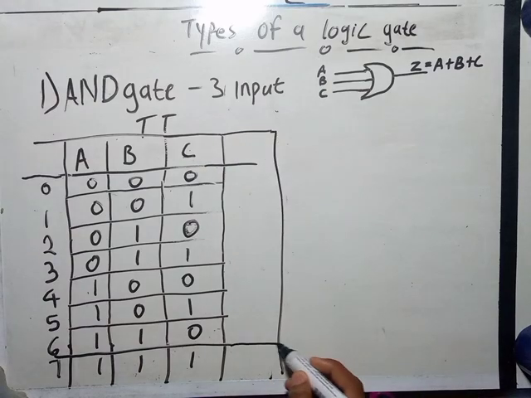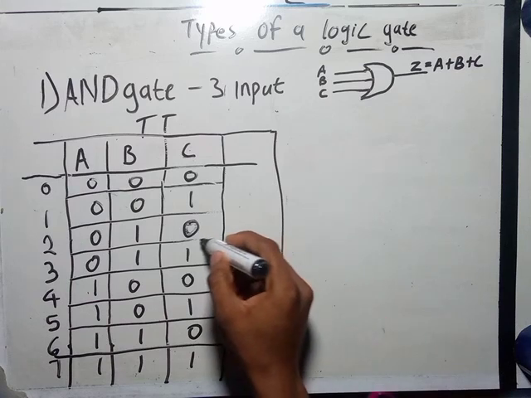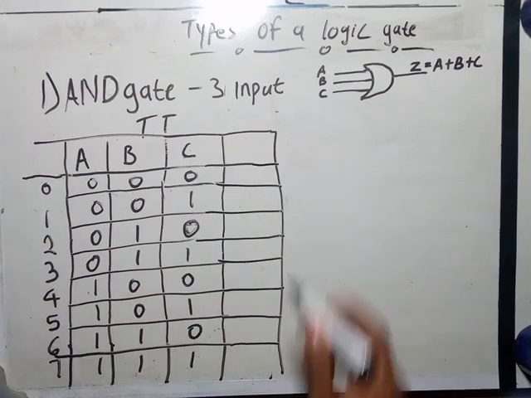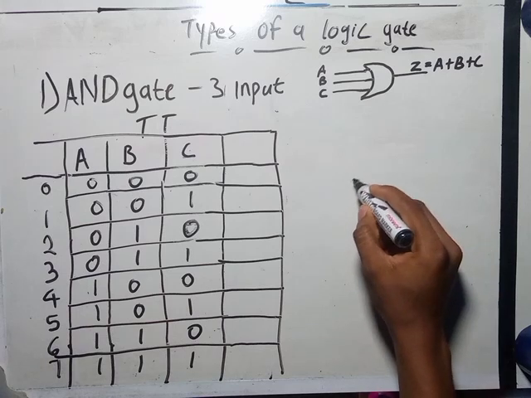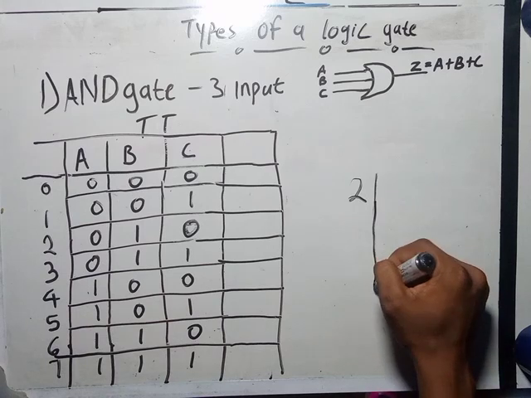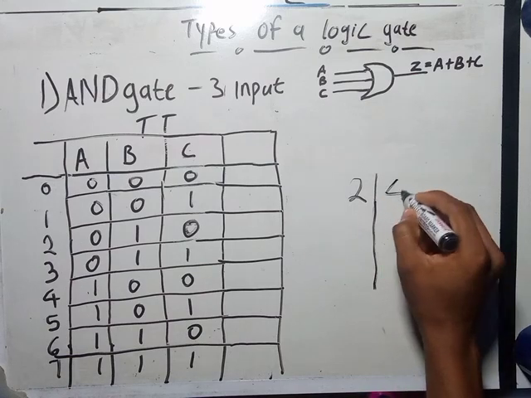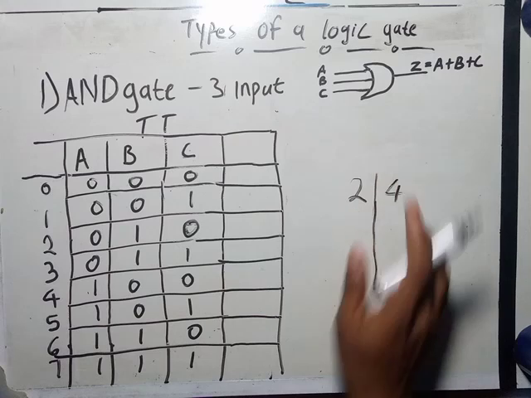In case you are confused on how we got our values, I will make a quick explanation on that. Let's say we want to find 4. Converting 4 into binary, you simply divide by 2 repeatedly, 2 being the base of binary.